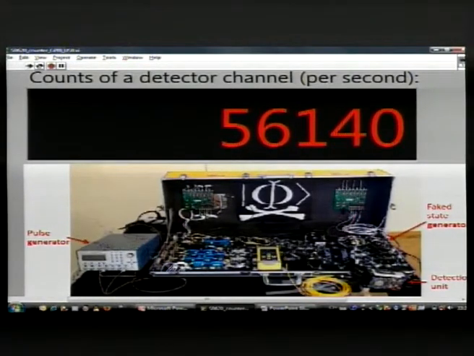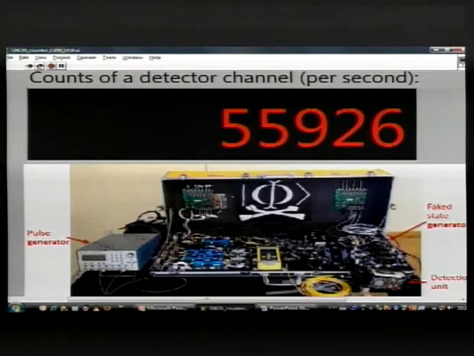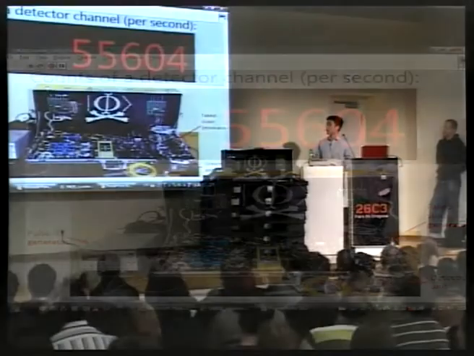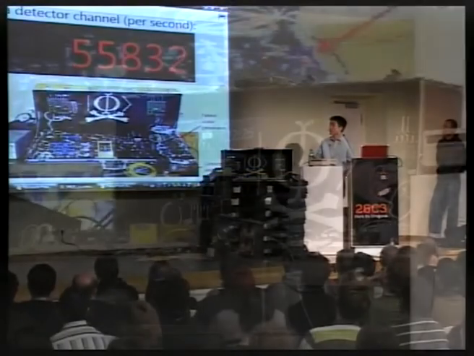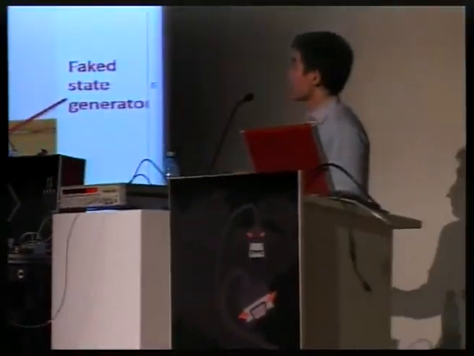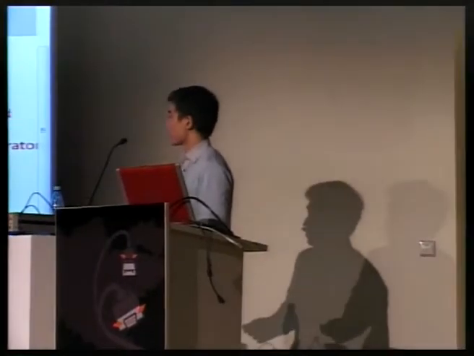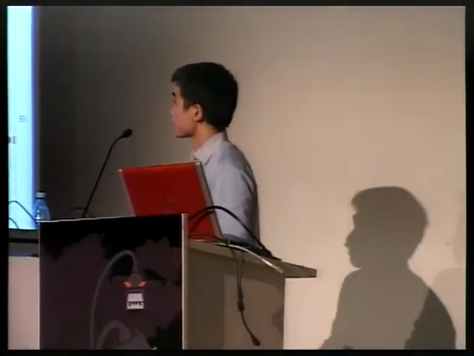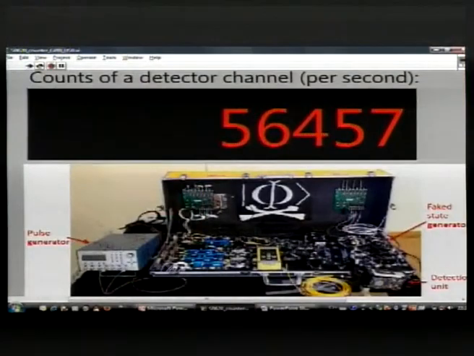And the output of the channel is connected to this counter, which is connected to the computer. You can see the counts here. The counts show how many photons the detector has received per second. So now you can see it is sensitive to the background light.